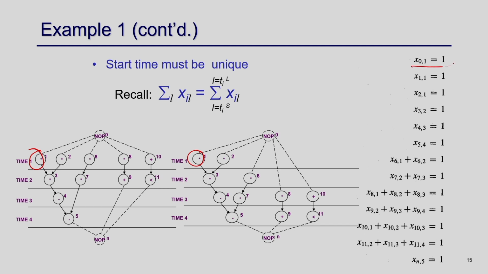I already know this operation is scheduled in time stamp 1, so x11 equals 1. The source node is always scheduled in x00, which we can ignore, because it is always scheduled at time stamp 0. Similarly, operation 2 has only one possibility, because its ASAP and ALAP time stamps are the same, so x21 is also 1.